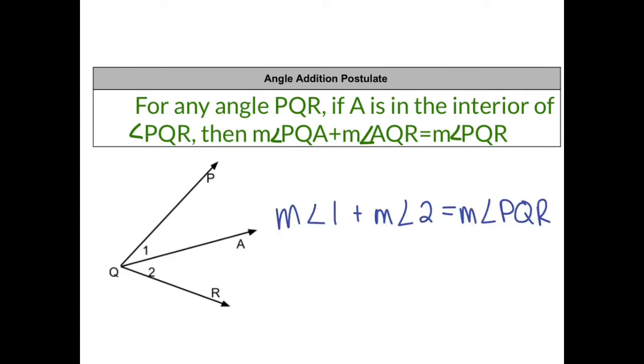Another way to say it is we have the measure of angle 1, and we can say it this way simply because there is a 1 there, plus the measure of angle 2 is going to equal the measure of PQR. So PQA is angle 1, AQR is angle 2. Again, you're adding those two together and you get the measure of PQR.